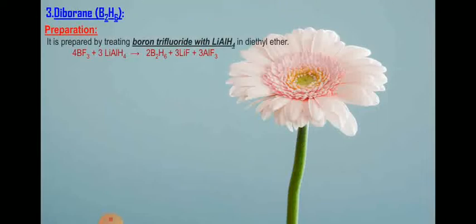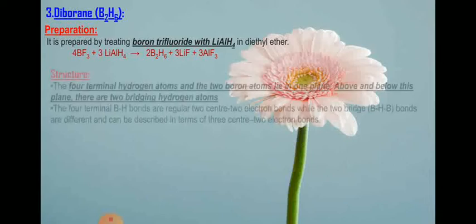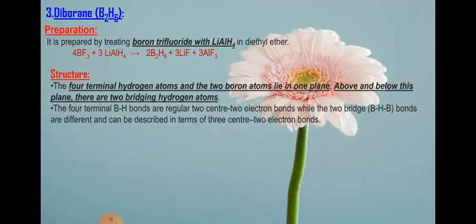Third compound that we are learning is diborane. Formula B2H6. You know, it's a hydride of boron. Diborane is a hydride of boron. In hydrogen lesson, we studied that this diborane is an example of covalent hydride.